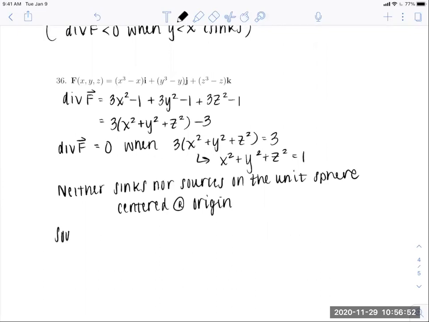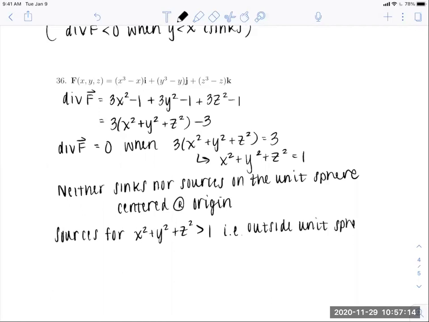We're going to have sources whenever x squared plus y squared plus z squared is greater than 1, in other words, when the radius is larger than 1, so outside the sphere. And we're going to have sinks whenever x squared plus y squared plus z squared is less than 1, so that's inside the unit sphere.